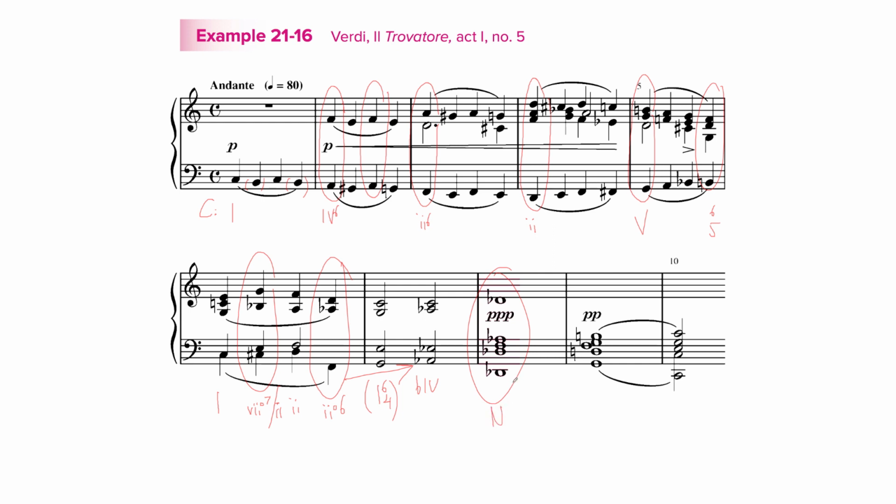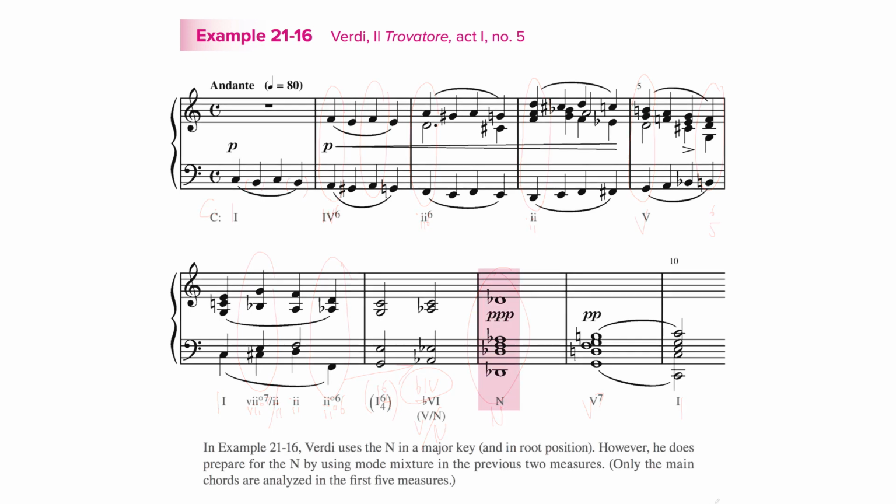The interesting part of this usage is that it is in root position and it is in a major mode. We can consider this flat 6 also as 5 of the Neapolitan, and after that we have 5/7 and the resolution. Let's listen to the excerpt once again.